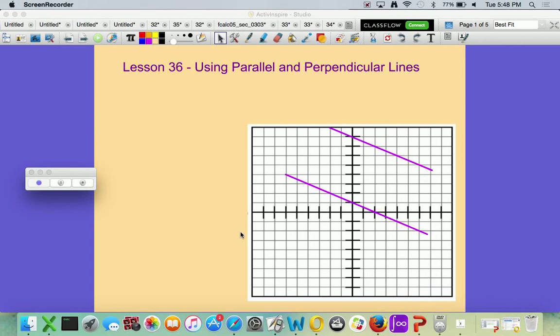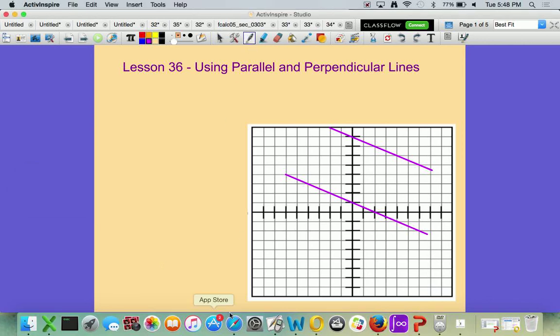Now, to do that, we just need to pick out any 2 points on the line. So I see this point right here and this point right here. All right, so for those two, we have an ordered pair of 0, 8 and 2, 7.